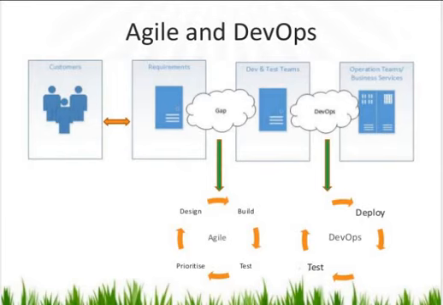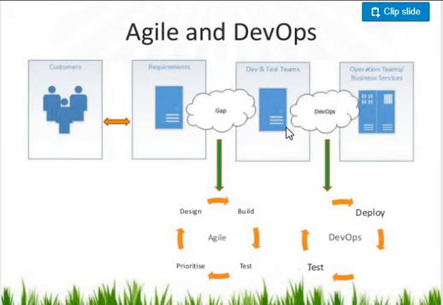So what we are doing is adding the agile development methodology: quickly designing, developing, building, and testing again and again. This is how we fix the gap between the requirements and the development phase.